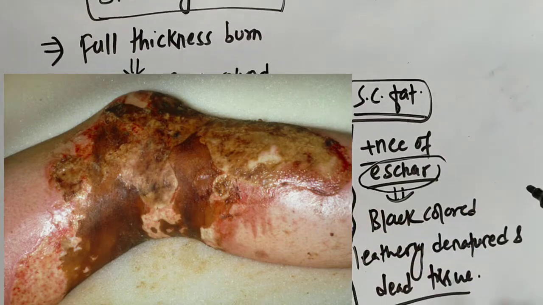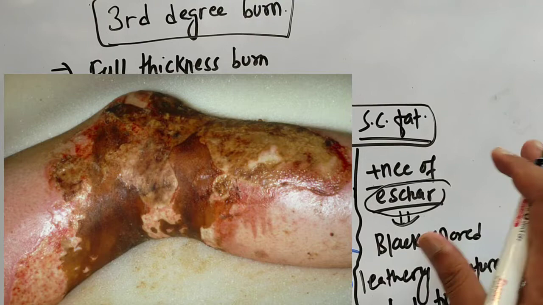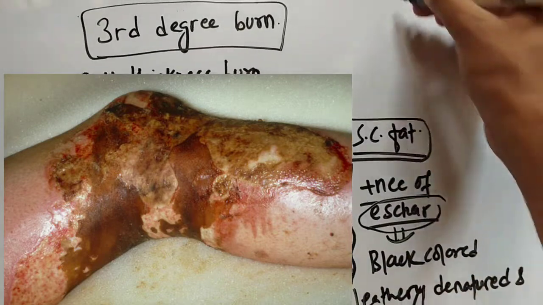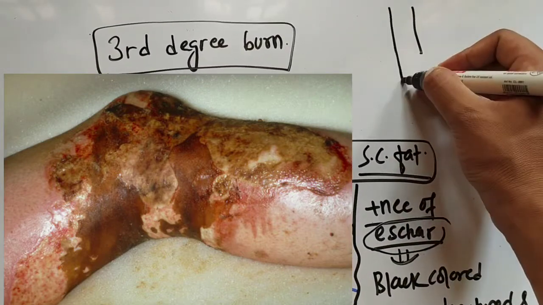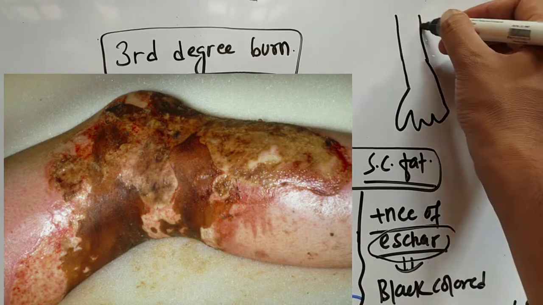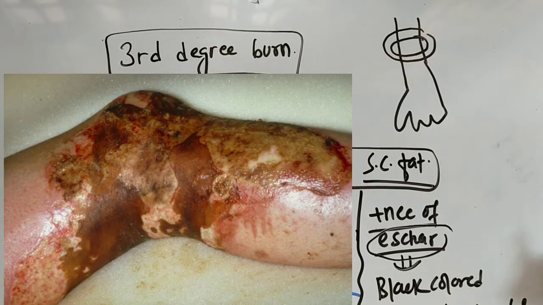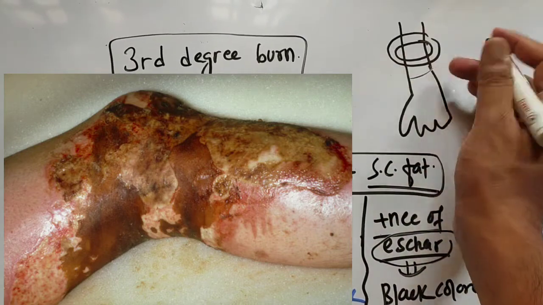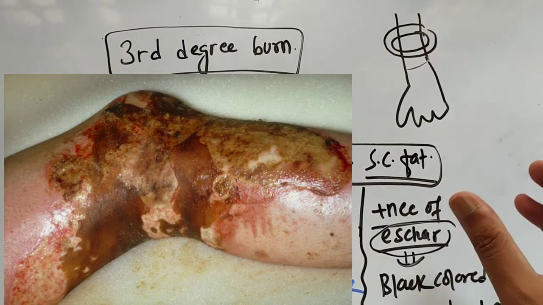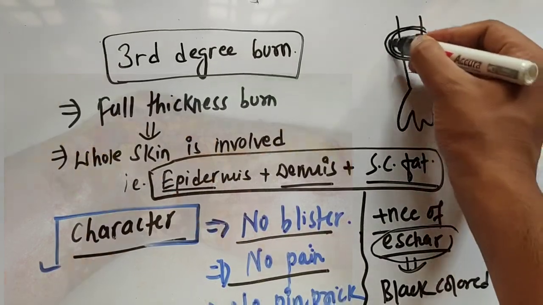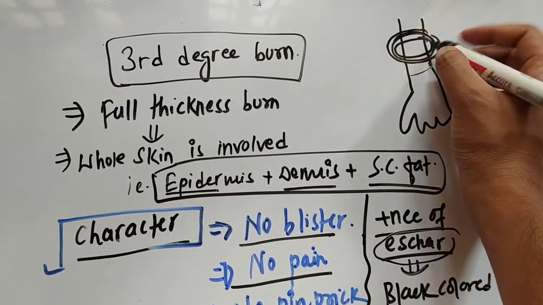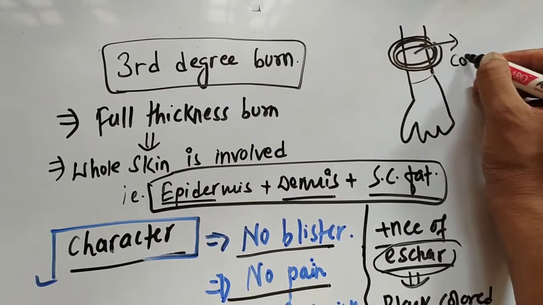And if the eschar occurs in the limbs in a circumferential pattern, like let us suppose this is a limb, and the eschar occurs in a circumferential pattern in the limb, then due to the contracture of the skin and the muscle beneath that, it can ultimately cause compartment syndrome.